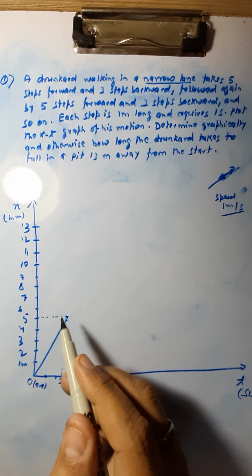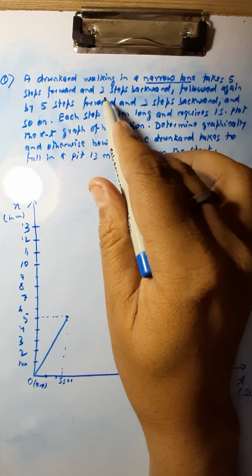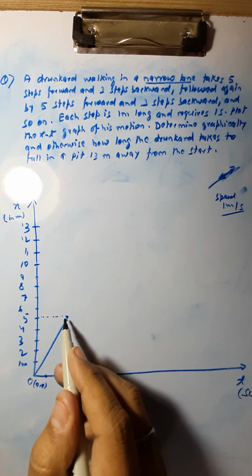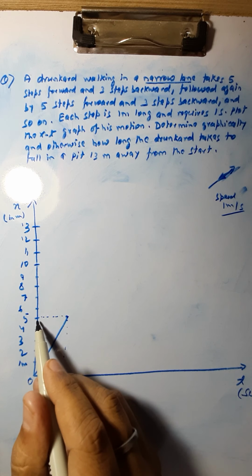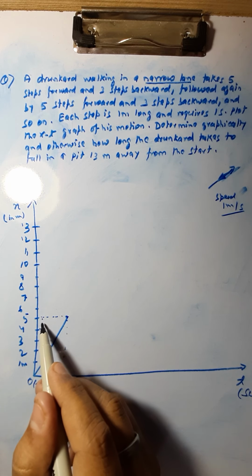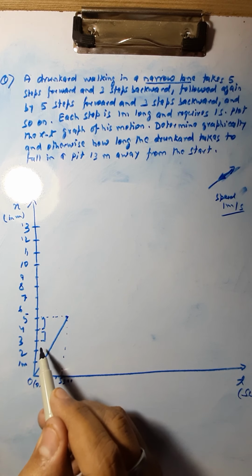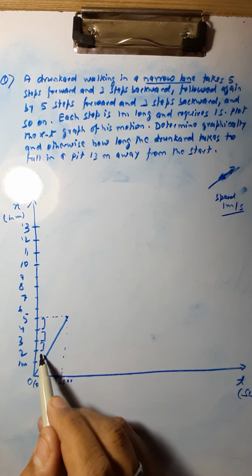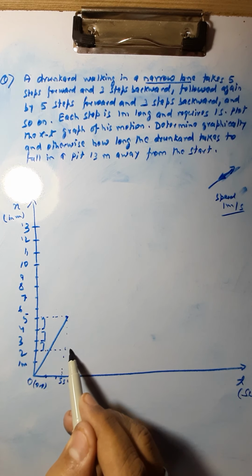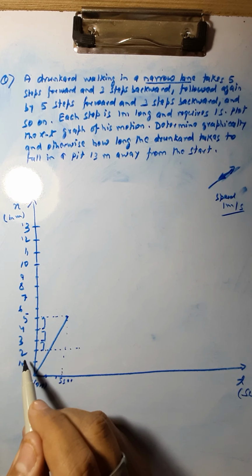Then 3 steps backward: 1 step, 2 step, and 3 step. So after 3 steps backward, he will be somewhere at 2 meter.